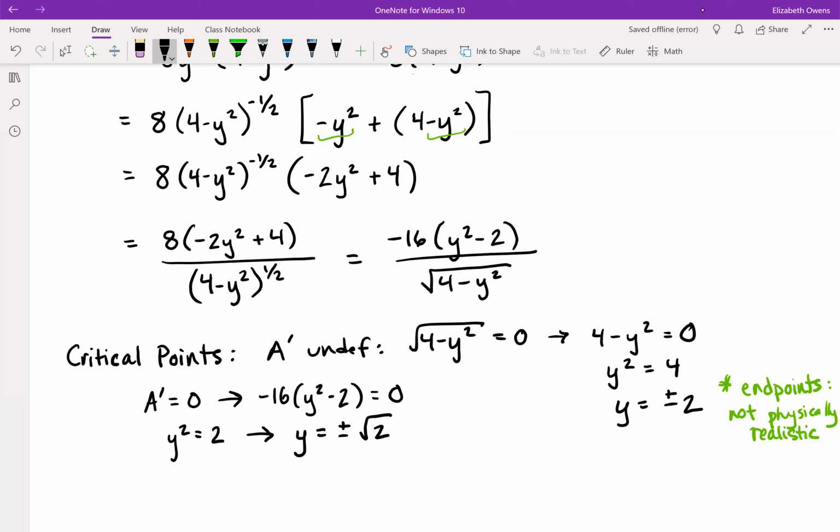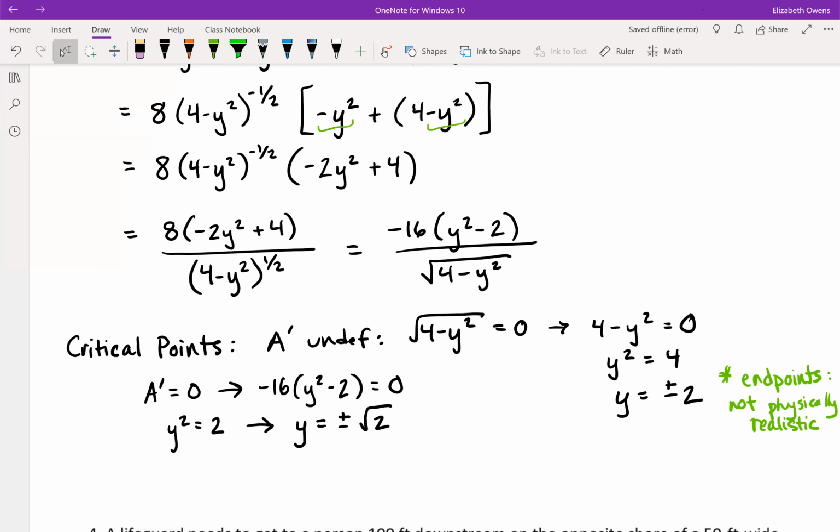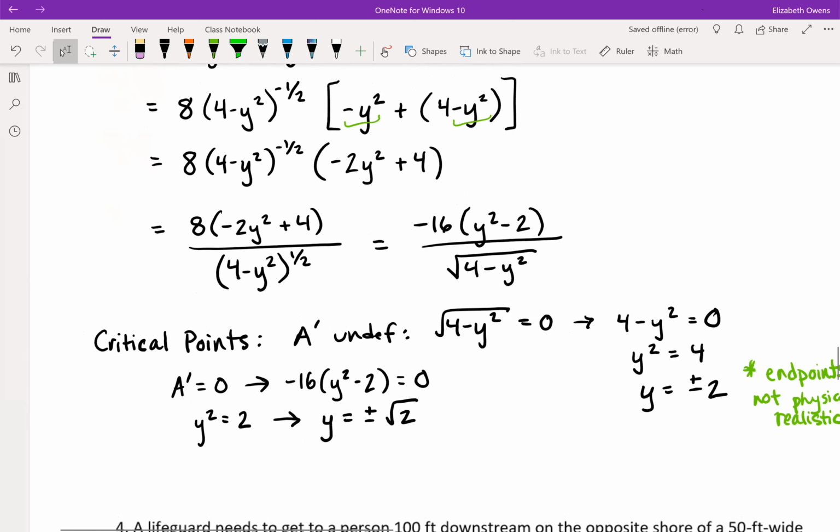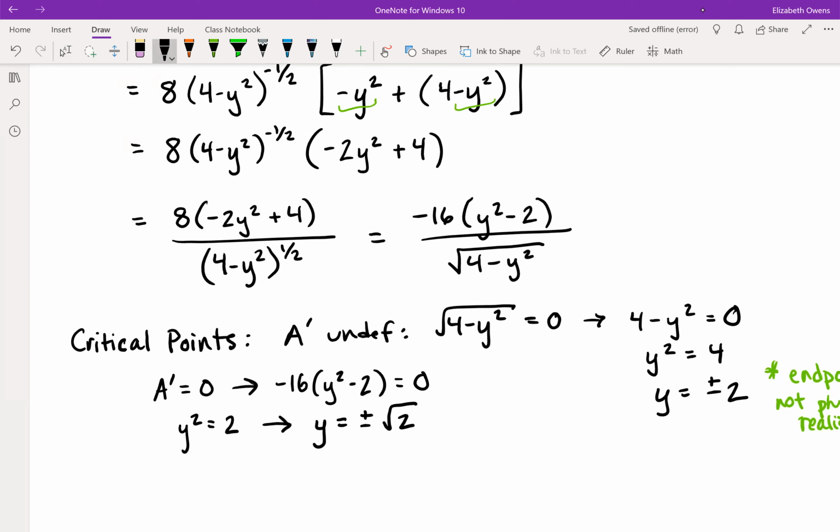And that seems a little bit more realistic because that is actually inside of the range of plausible values there. So we have 2 critical points here. We need to test which one of those is really going to give us the maximum area that we want.